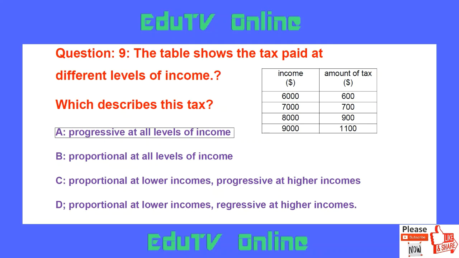A. Progressive at all levels of income. B. Proportional at all levels of income. C. Proportional at lower incomes, progressive at higher incomes. D. Proportional at lower incomes, regressive at higher incomes. Answer. C. Proportional at lower incomes, progressive at higher incomes.